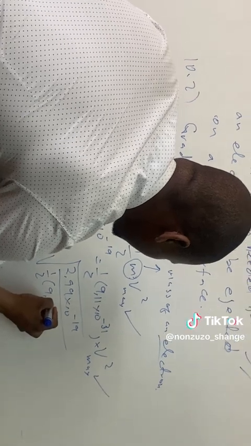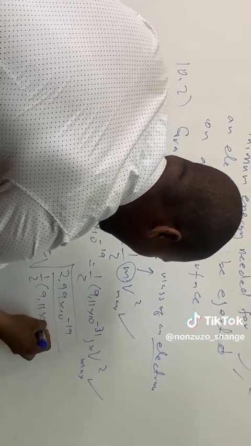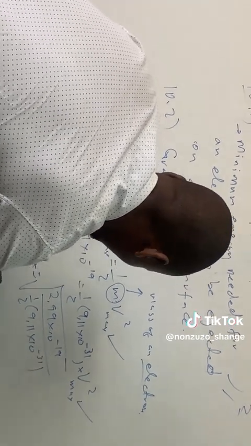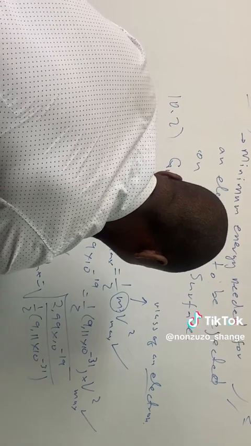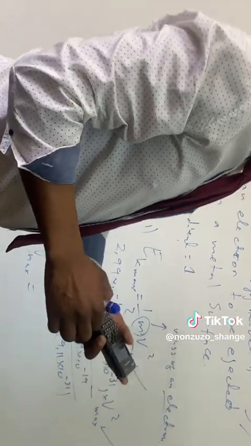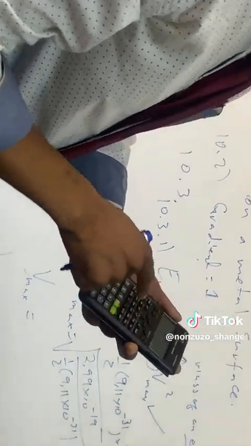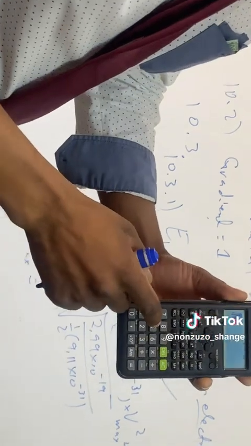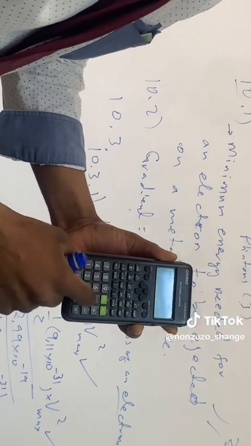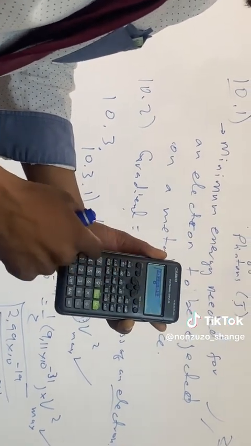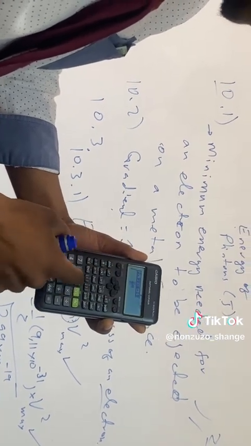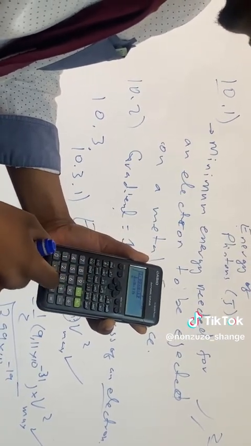Let me press it for you: 2.99 exponent minus 19 divided by 1/2 times 9.11 exponent minus 31. The answer is this one: 810,198.4416.